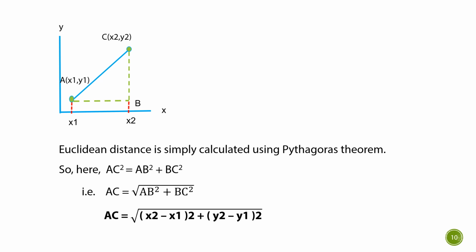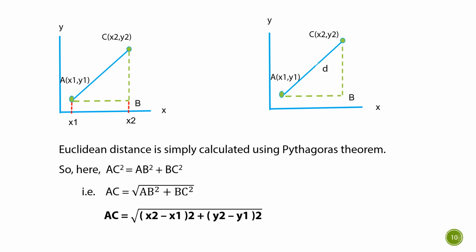And again, if we want to find BC, then we will project these 2 points on the y-axis, where we will get 2 points y1 and y2. Therefore, we can find BC as y2 minus y1.